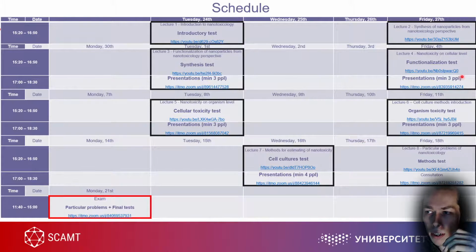So again, presentations will be next Friday, 4 people. Tuesday the 8th will be 4 people. Friday the 11th will be 4 people, and the last day will be Wednesday the 16th, 4 people.